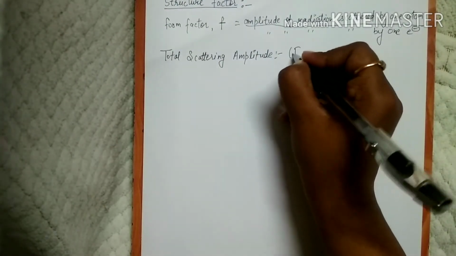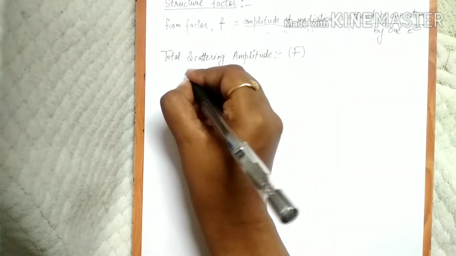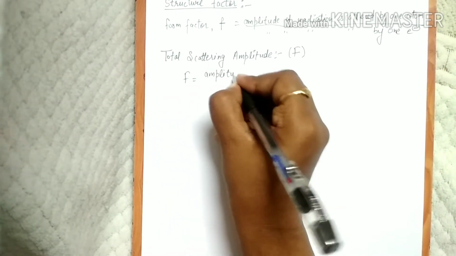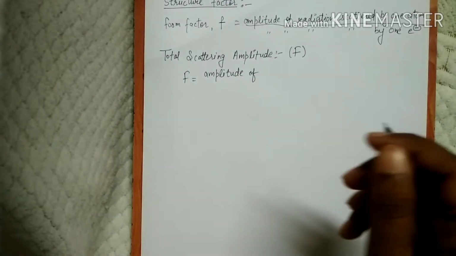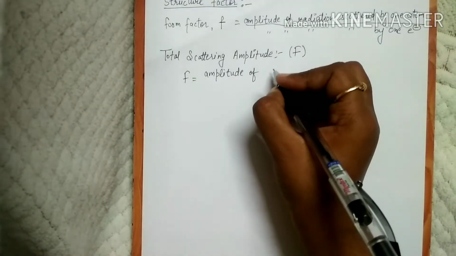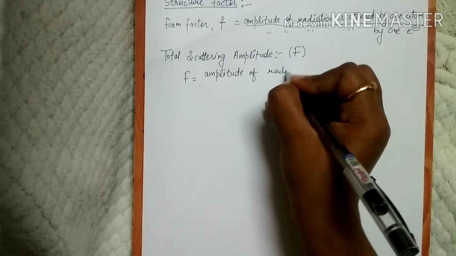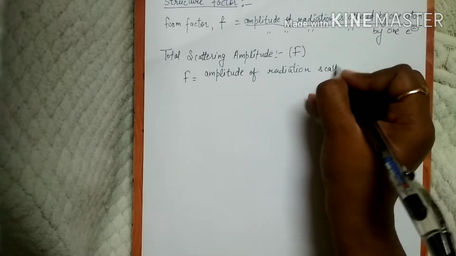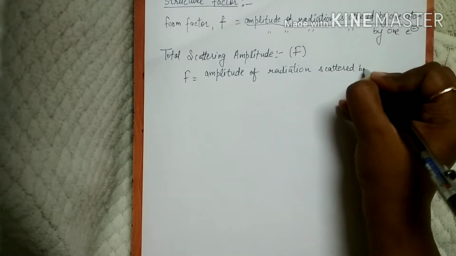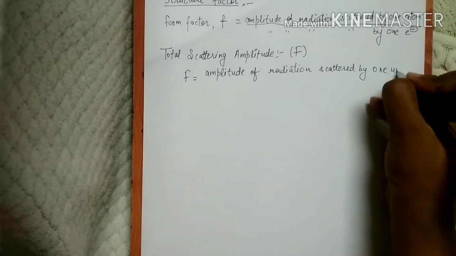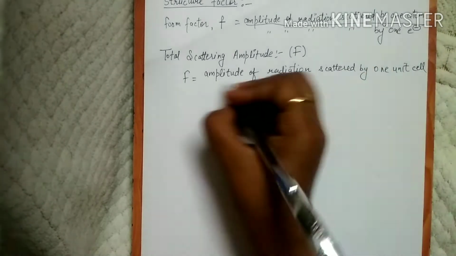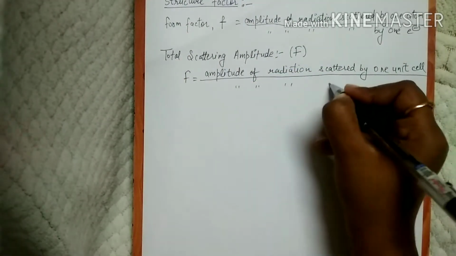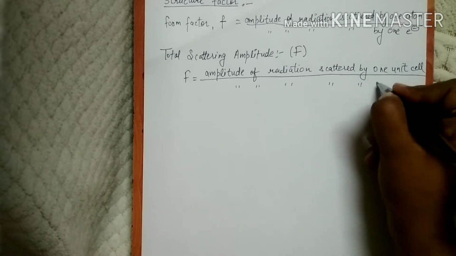It is represented by capital F and the formula is amplitude of radiation scattered by one unit cell divided by amplitude of radiation scattered by one electron.